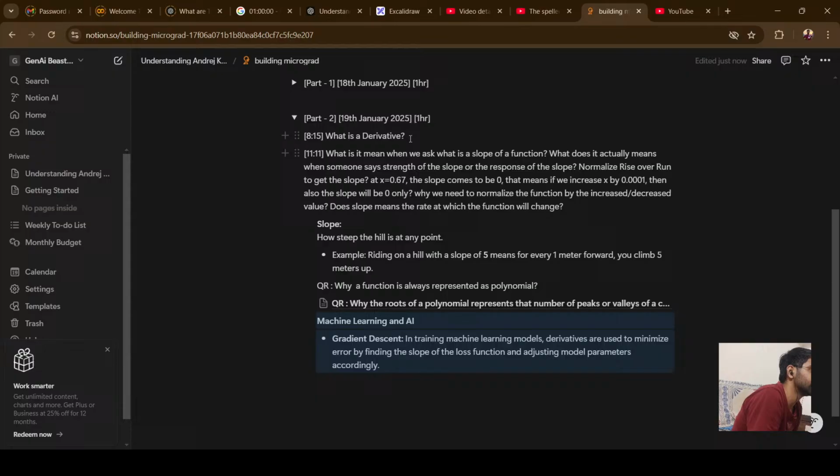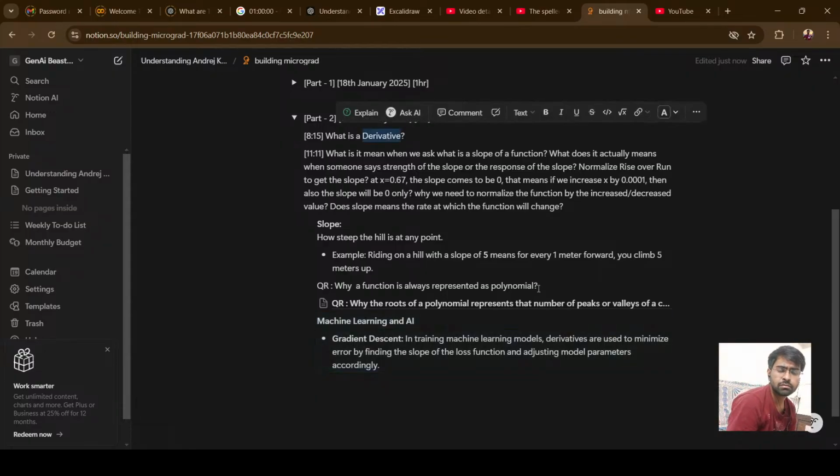What is a derivative? If I frame it in my own definition, a derivative is measuring change at very small intervals, or rather, it is how finely we can chop something down and then observe its characteristic.